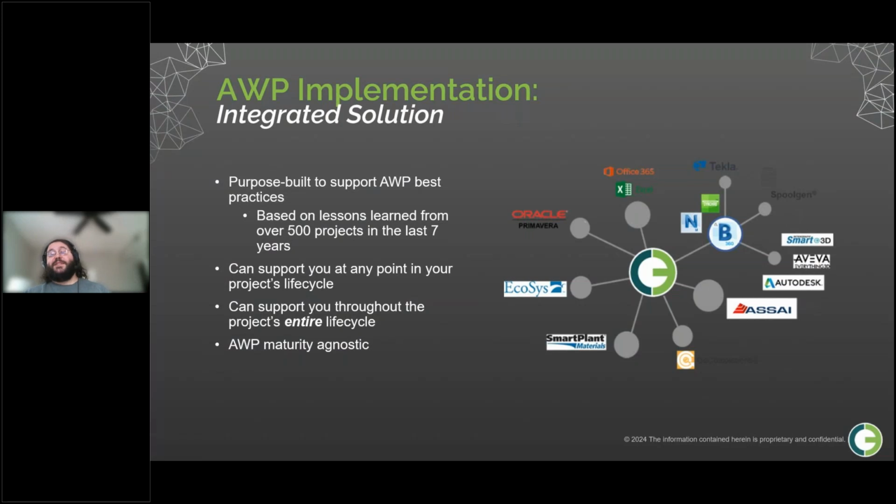In fact, if someone tells you that your AWP software is so good, it needs to be able to do all this stuff like standard scheduling, document management, material management, I strongly suggest you just go ahead, save yourself the time, show them the door. O3 maintains a best-in-class approach to ensuring that we provide you with the best possible AWP software functionality while minimizing your change management concerns by tying into your existing data and your existing systems.